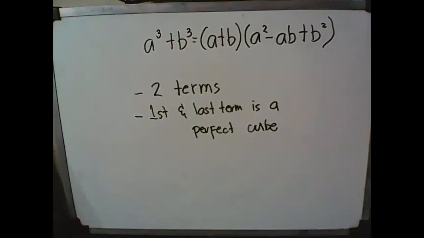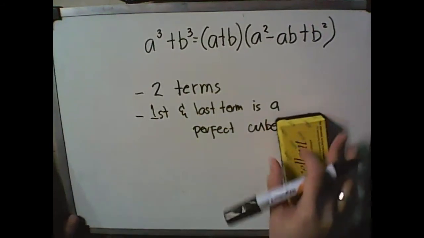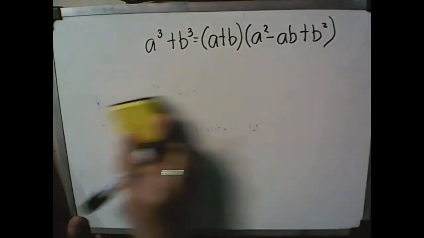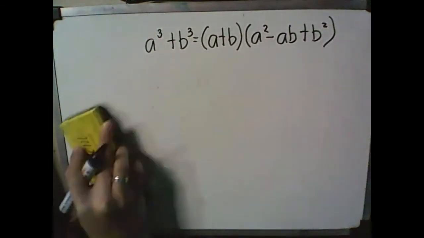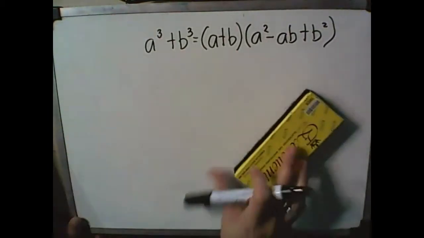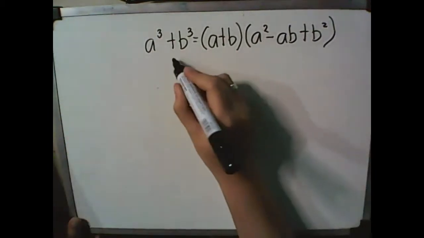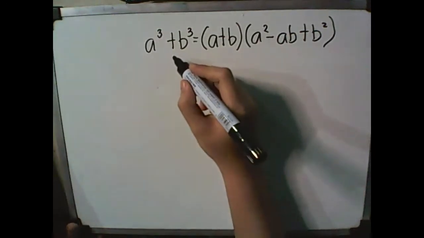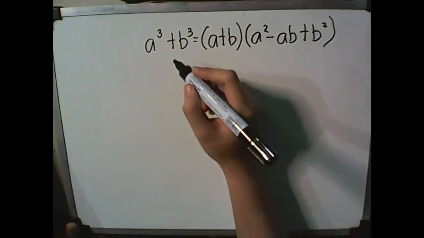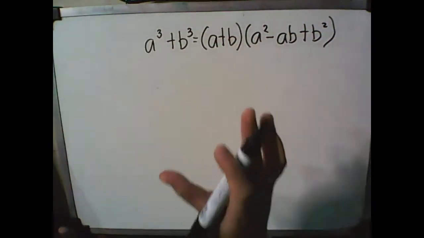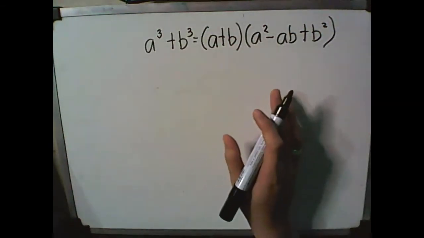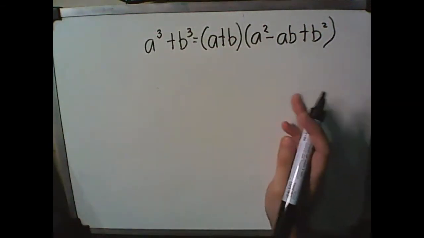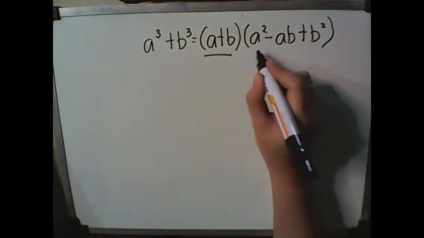Okay? So, in factoring sum and difference of cube, you always remember, when it comes to sign, each term is a perfect cube. So, the sum or difference of 2 cubes will factor into a binomial and a trinomial.